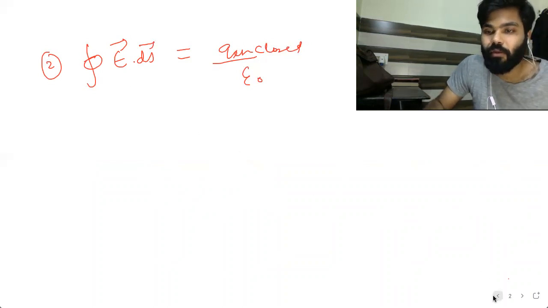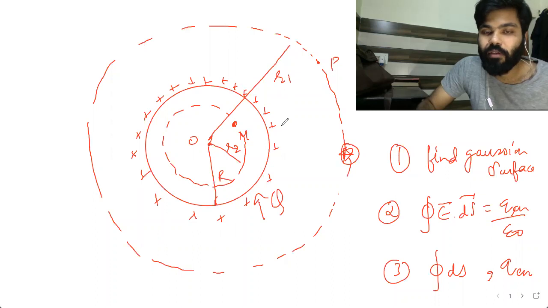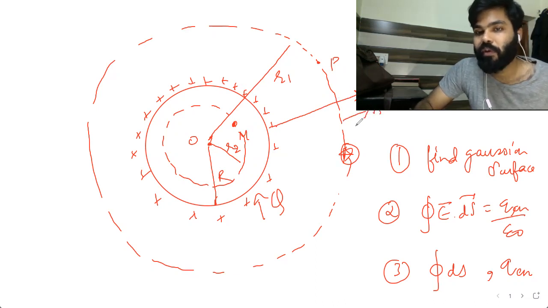Electric field is directed away from sphere, and the direction of ds is also in same direction, that is normal of sphere. Both are in same direction, so the angle between them is 0. So I will write E dot ds as E ds, because angle between them is 0.